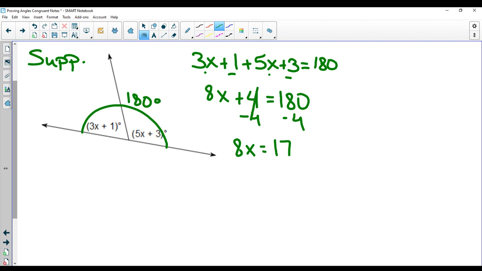That gives me 176. Divide 8. Divide 8. X should be, let me double check. I think it's 22, but I want to double check. Yeah, 22.